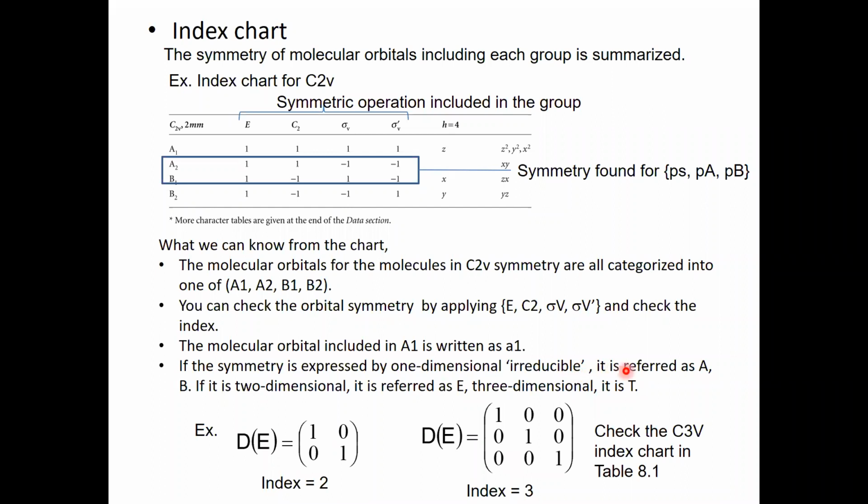And in one dimension, the symmetry of the molecular orbitals is referred to as A and B, right?